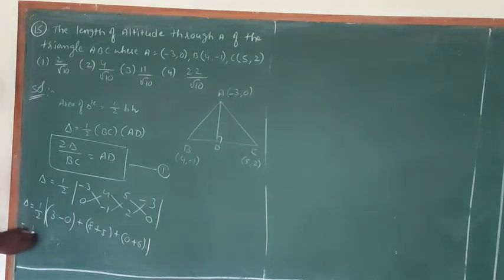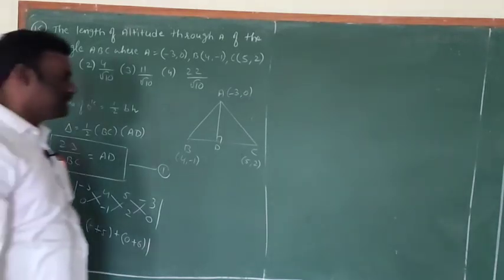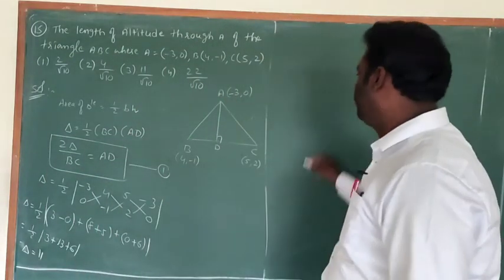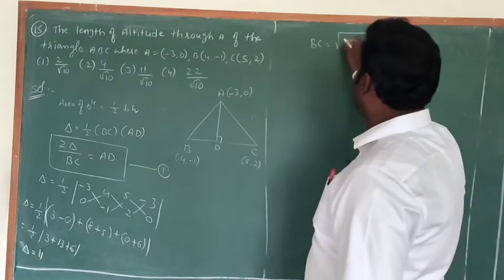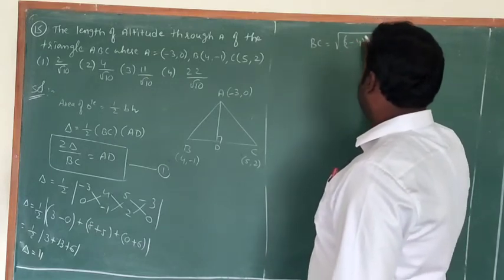Then half into 3 plus 13 plus 6. Now delta equals 11.